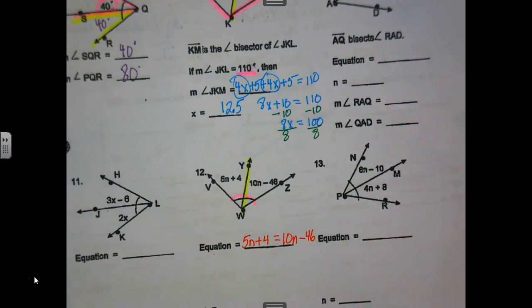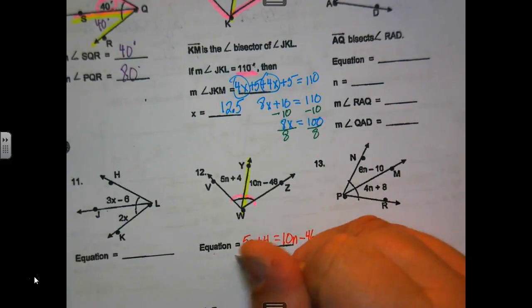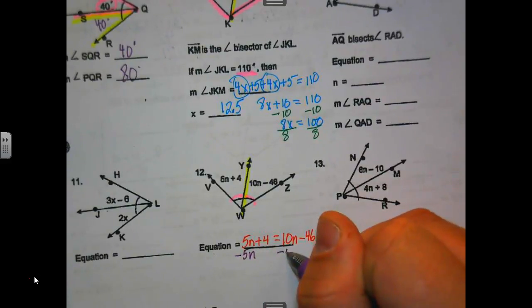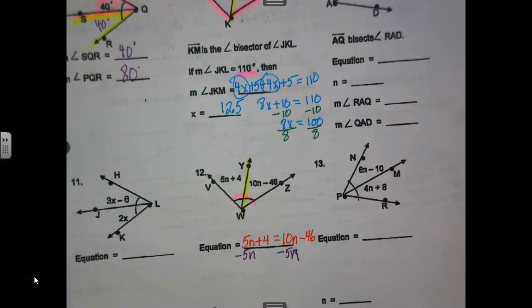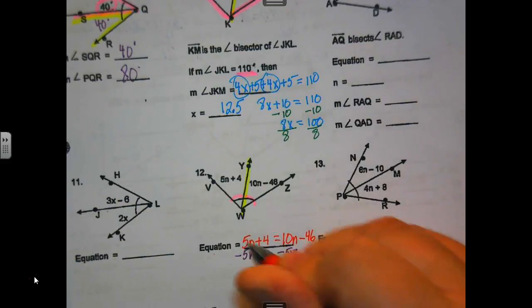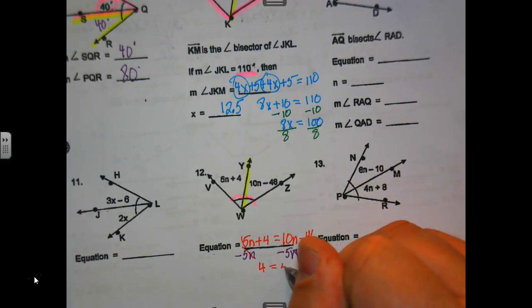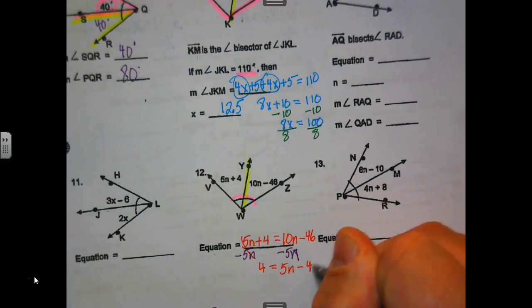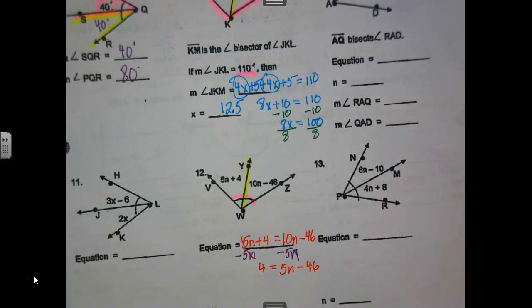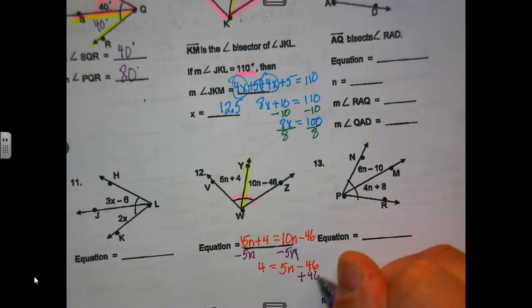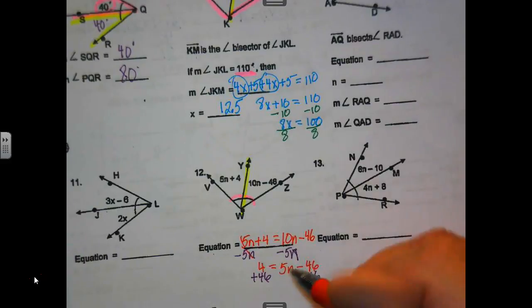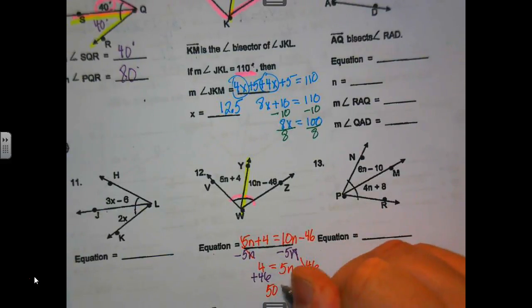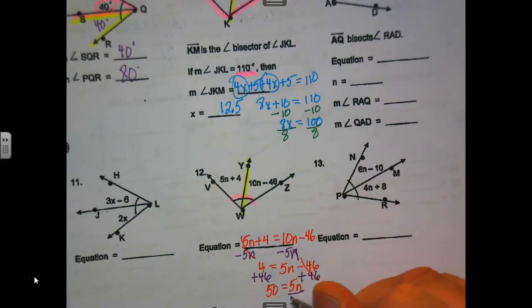Okay, solve for n. I'm going to subtract 5n. I get 4 equals 5n minus 46. Now what? And then that would be 10. Awesome.